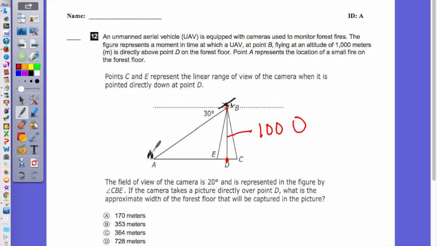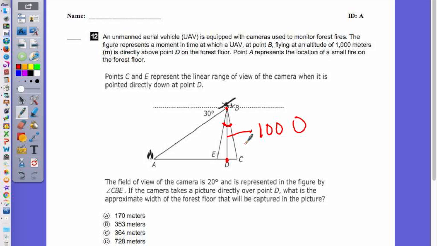Point A represents the location of a small fire. If the field of the camera is 20 degrees, what that means is this angle here is 20 degrees. When it looks down, it sees out 20 degrees. Not a very wide camera, right? It takes a picture directly over point D. What is the approximate width of the forest floor that can be captured in the picture? So it's flying and taking pictures, maybe for the rescue crews to have an idea of what the terrain looks like.